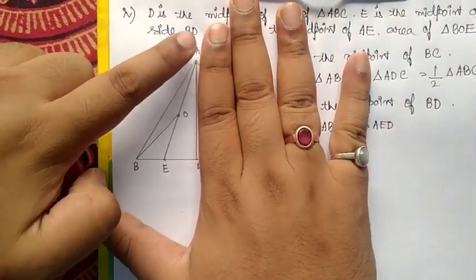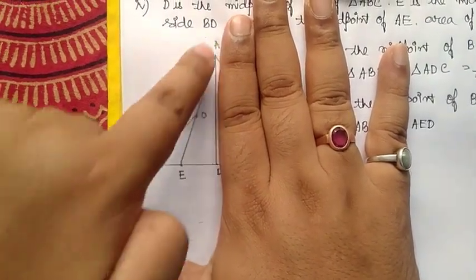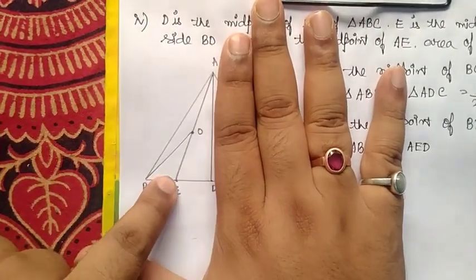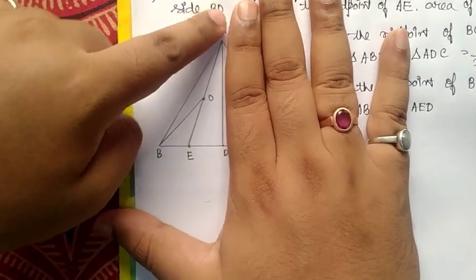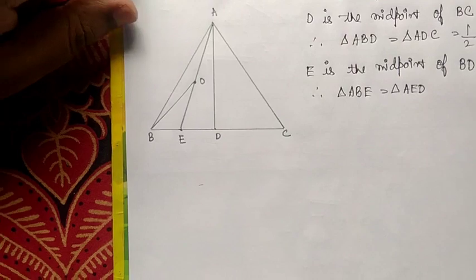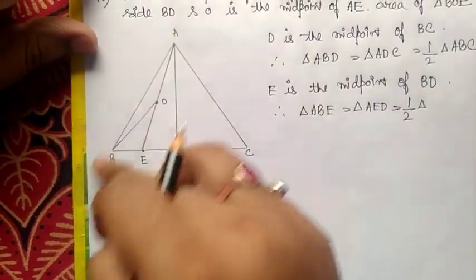If we assume that triangle ABD only exists, E is the midpoint, so AE is the median, so therefore AE median cuts triangle ABD into 2 equal halves. So therefore triangle ABE and triangle AED both are equal in area, and both are the half of triangle ABD.